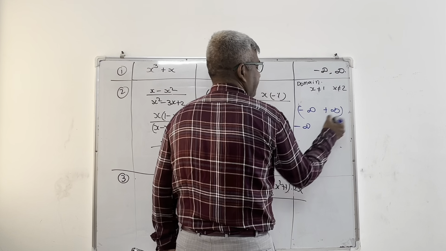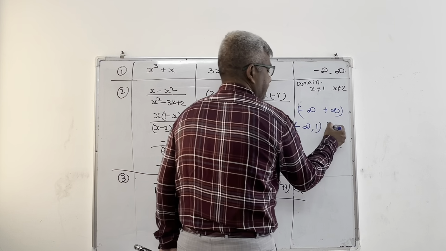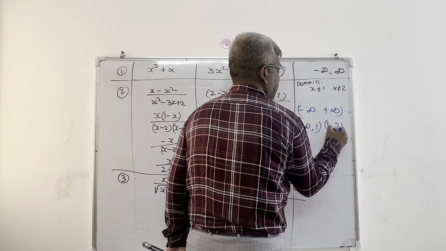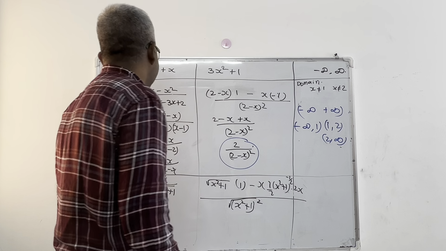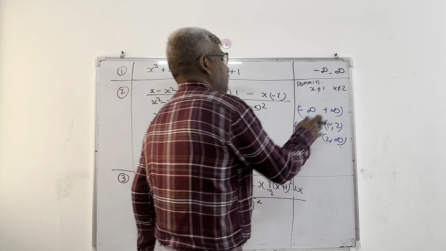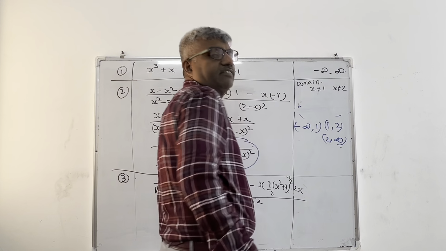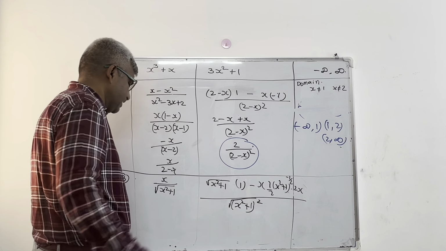So you cannot simply put minus infinity to plus infinity; you have to exclude that point. Before giving the intervals of increase, you should know the domain. That is the main criterion to tell the intervals.